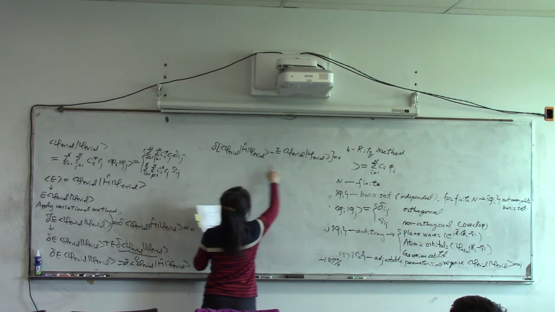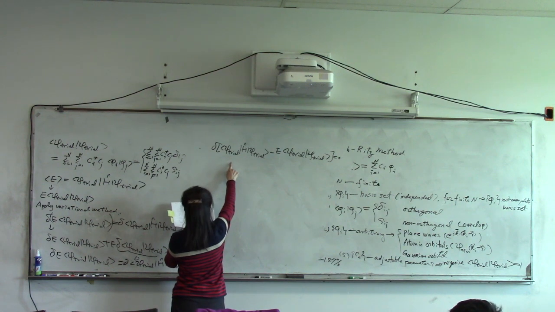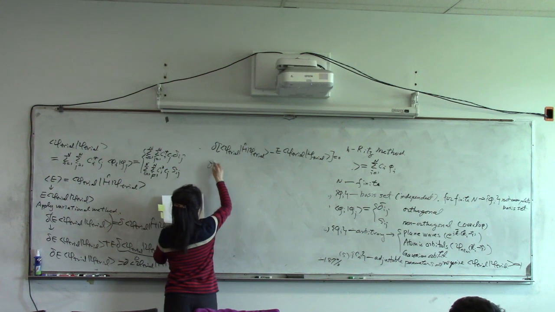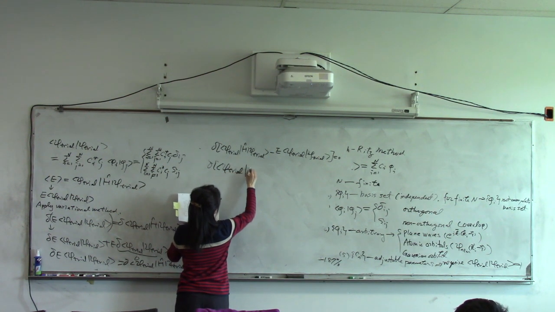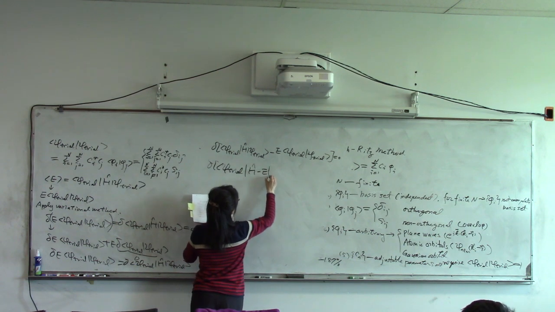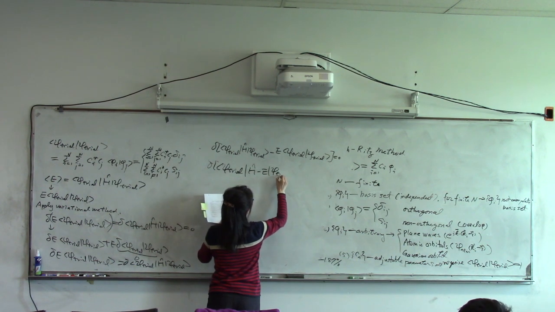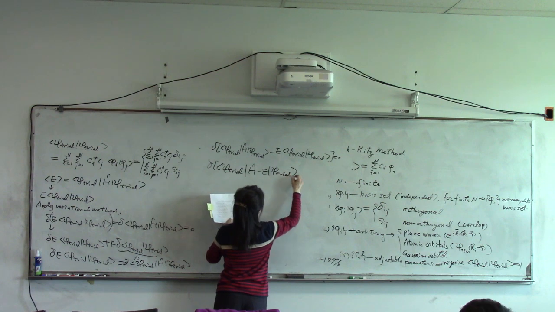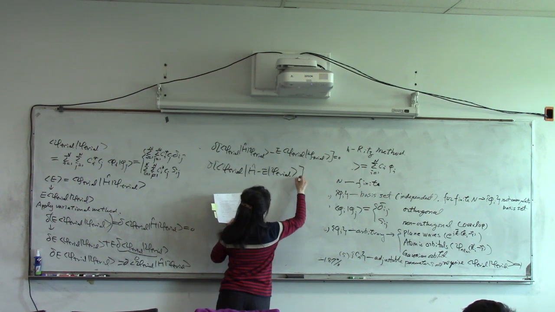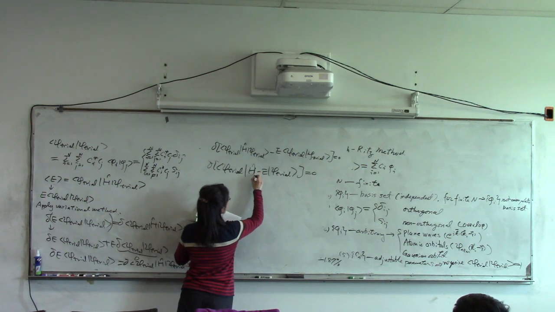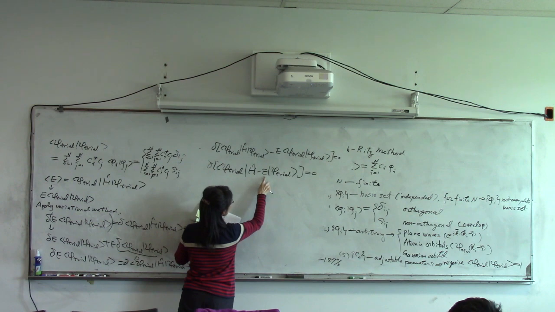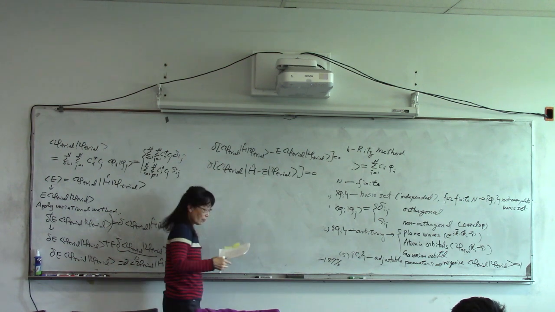So now this one, H minus E, which is the integral of the Hamiltonian matrix energy that we want to obtain.